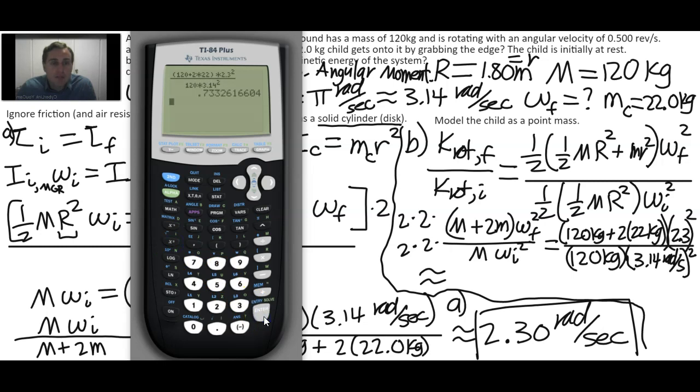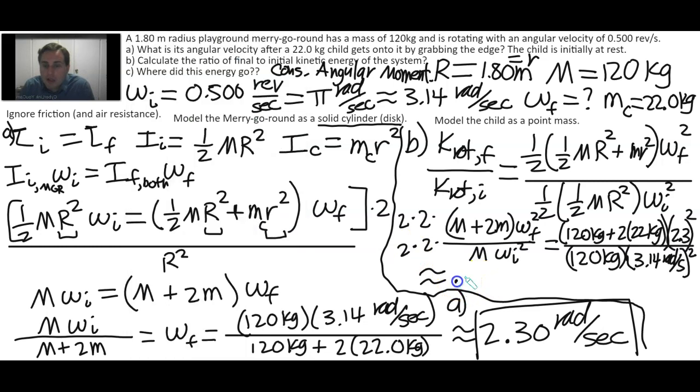Okay, so we get about 0.733. So that's about 73.3%. So notice the kinetic energy at the end is only about 73% or so of that at the beginning.